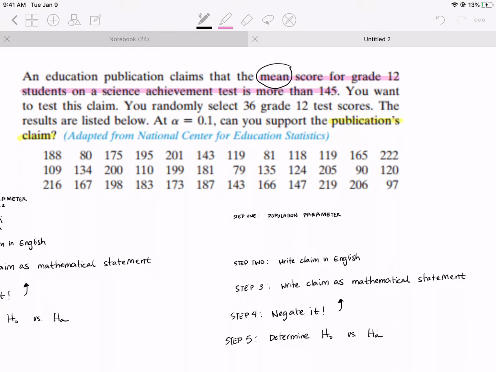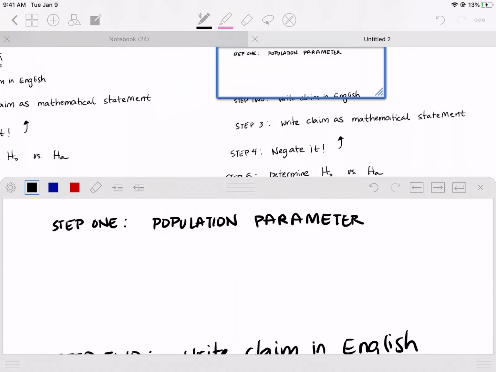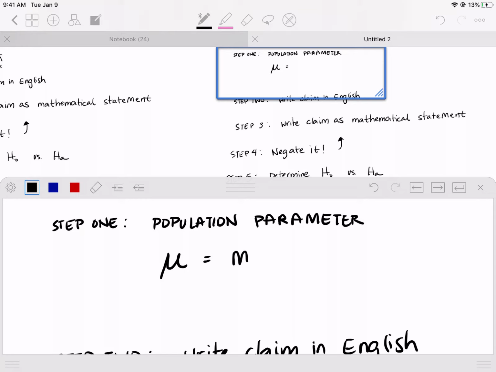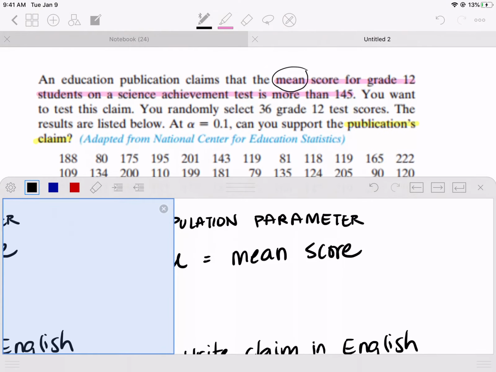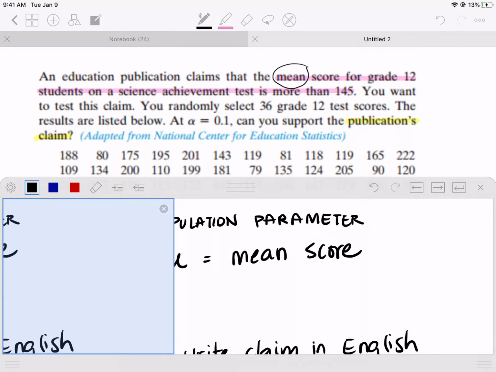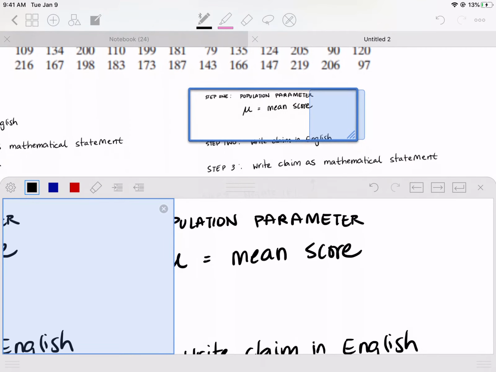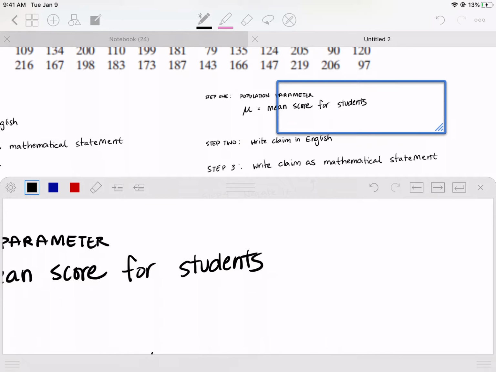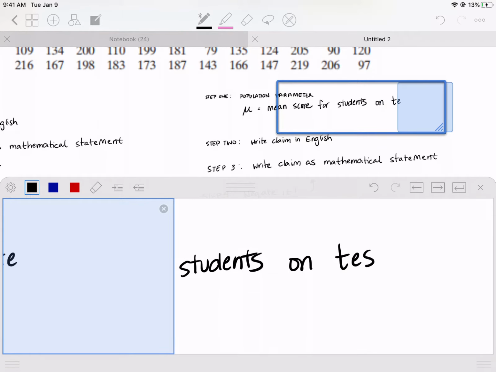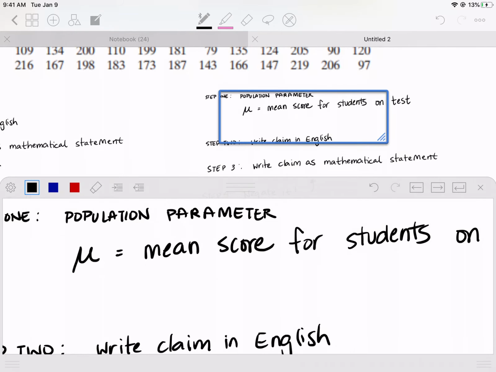And what does mu represent? Mu represents the mean score for grade 12 students on the science achievement test. Now we could add in all the details, but if we have time, we can.